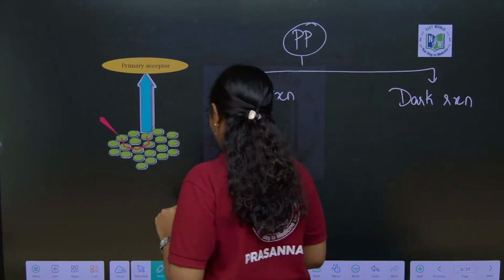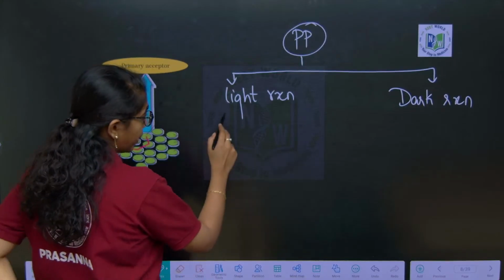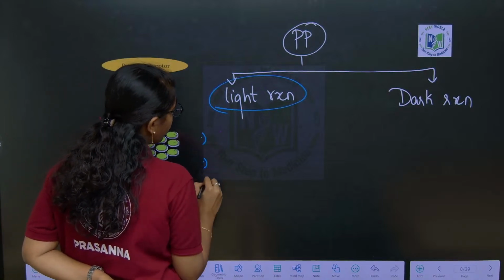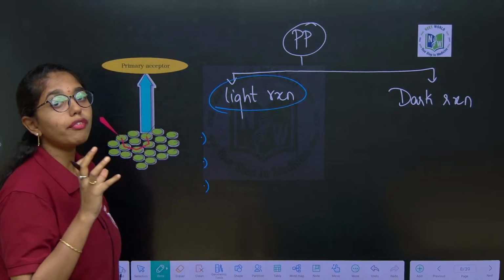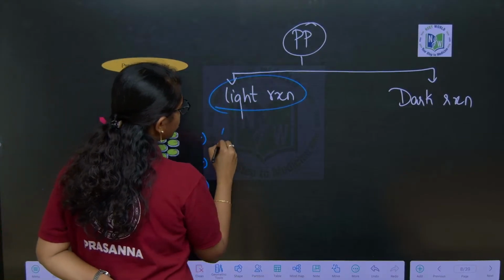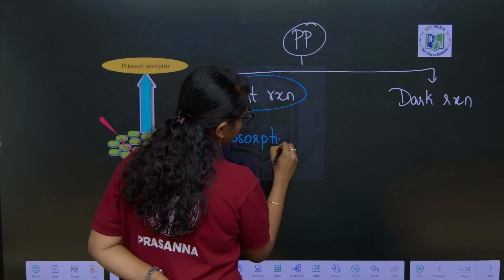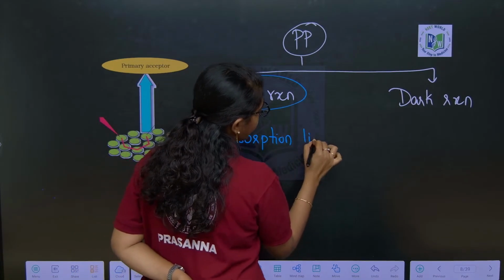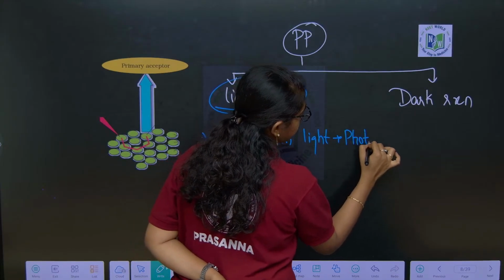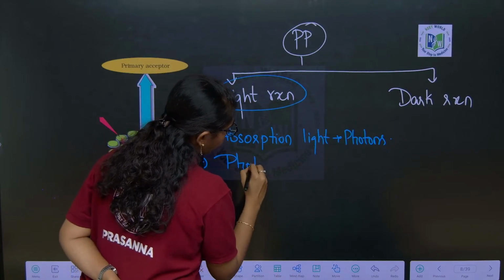From the light dependent reactions, 3 steps happen. You have to remember the site or the location of each event that is happening. The first is absorption of light in the form of photons. Second is photolysis of water.